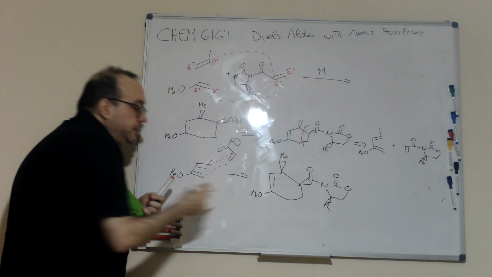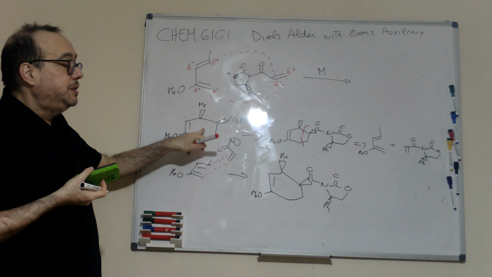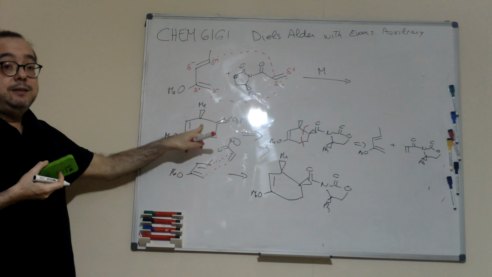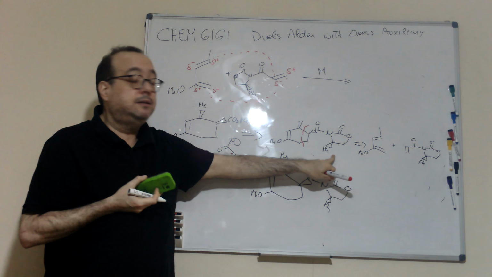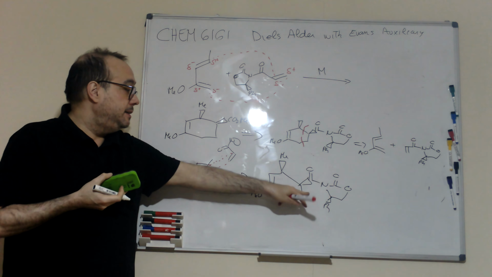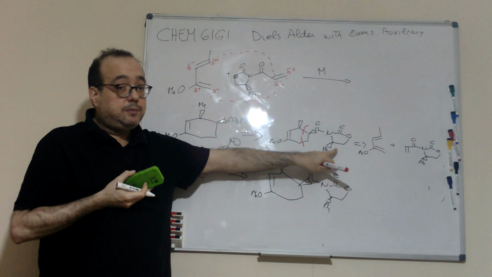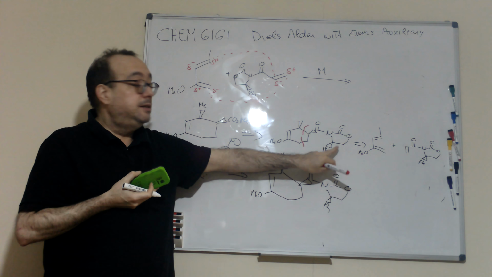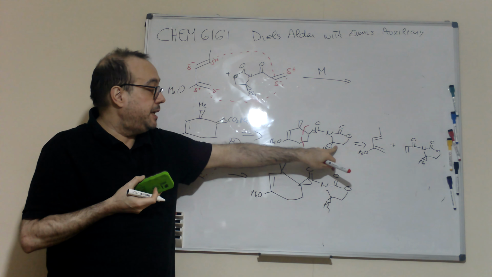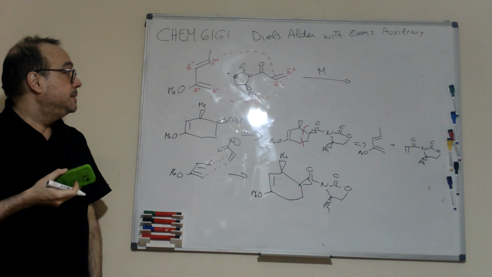Then what I do is compare this compound with the final compound that I need. In this case, it is the same stereochemistry, which means I put the right chiral auxiliary. If I get the opposite enantiomer, the only thing I need to do is change this chiral center, putting the opposite enantiomer in the chiral auxiliary. And that's all.